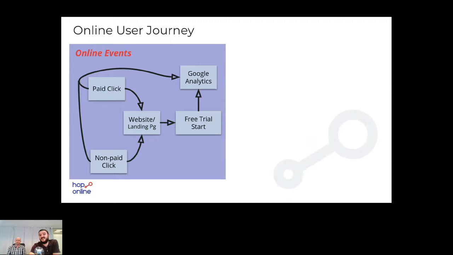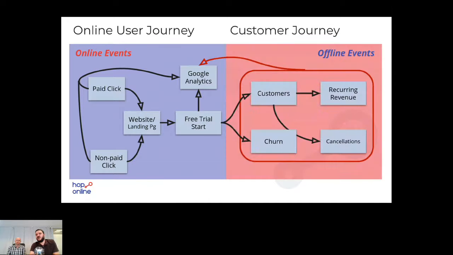But then this is where the data ends basically, and you of course have the full customer journey, most of which is offline, where you see people becoming customers. You're having recurring revenue, cancellations, churn, and so on. So these things you would want to bring back to Google Analytics so you can make all of the adjustments and calculations that we just have been talking about up until now.